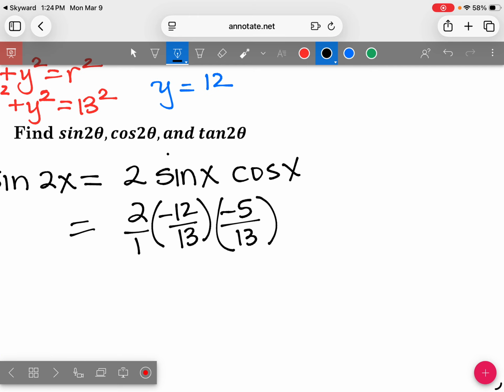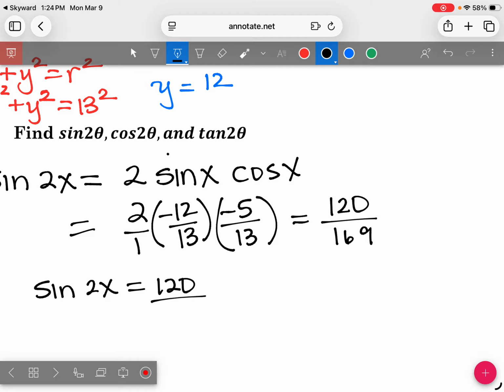So let's go ahead and multiply straight across. So 2, and you don't, so I'm going to go this way. I'm going to do 2 times 5 is 10. And what's 10 times 12? 120. So we end up with a positive 120 over 169. So my sine double angle is 120 over 169.